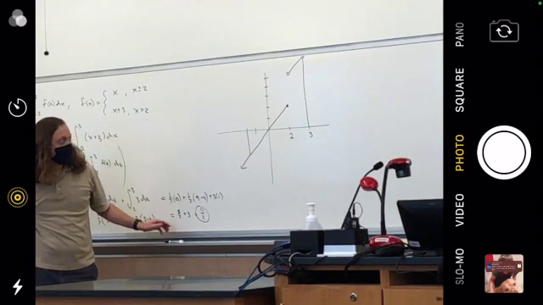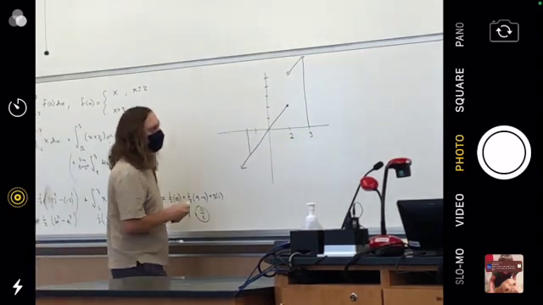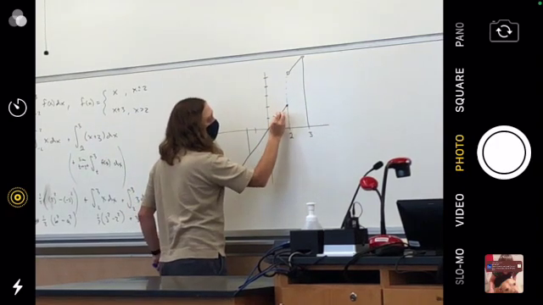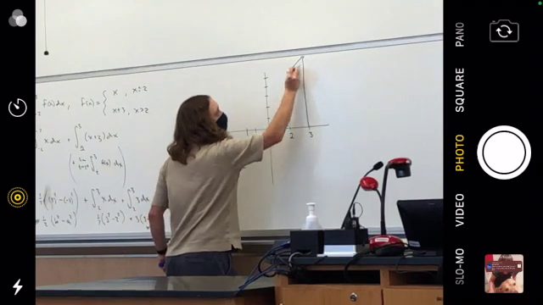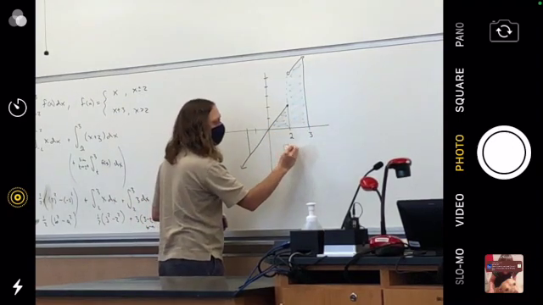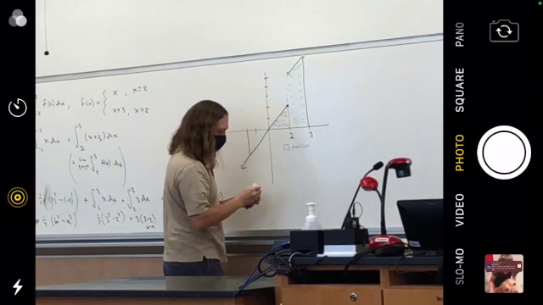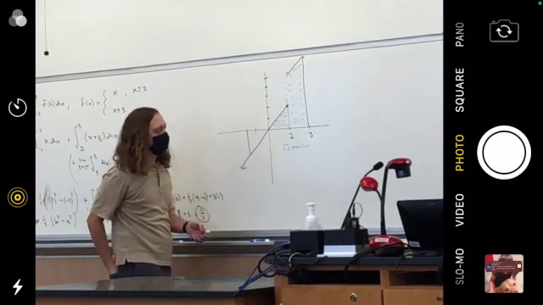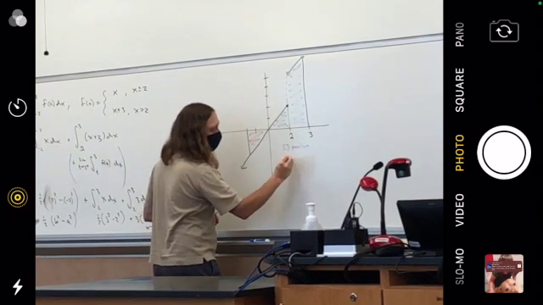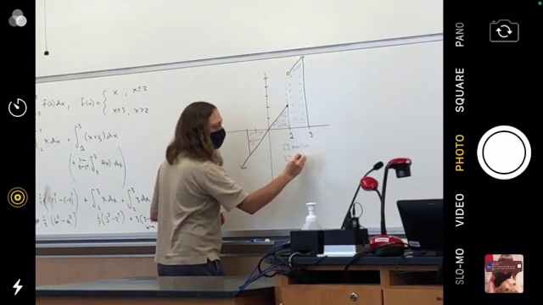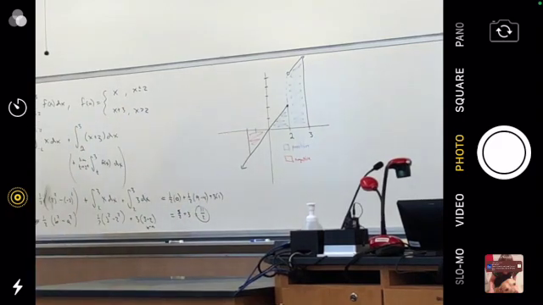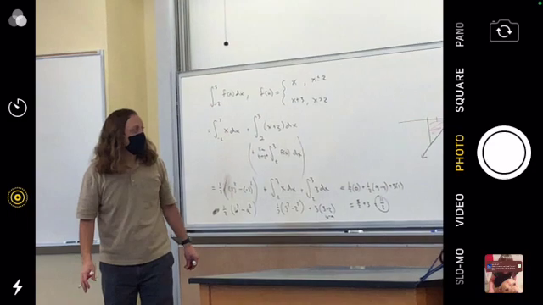Now what happens? I want to find this area, this area, these are positive. And then I also have this area, which is negative. So I want to find the net signed area for this function from -2 to 3.